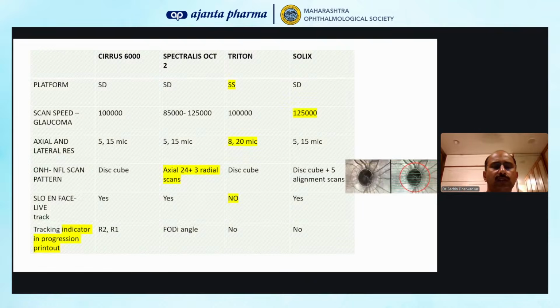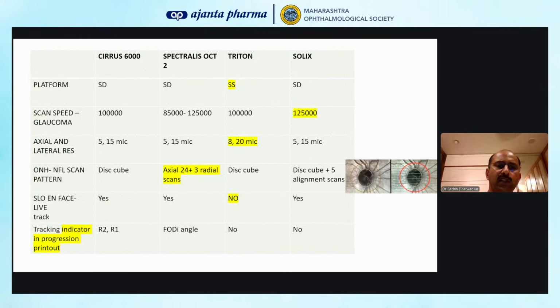Just going for the technical specifications, this particular chart tells you how these machines are slightly different. Although you can see across the board the scanning speeds are almost the same, the axial and the lateral resolutions are slightly different. Again, the scanning methodology is different, where a couple of machines give you disc cubes, whereas Spectralis is giving you axial and radial scans, which is very, very important.